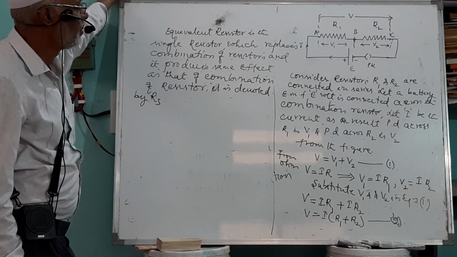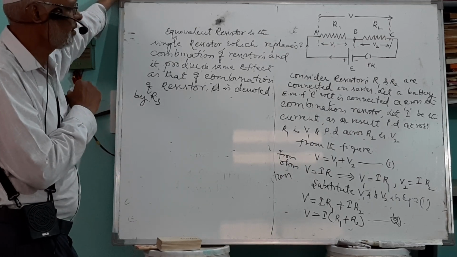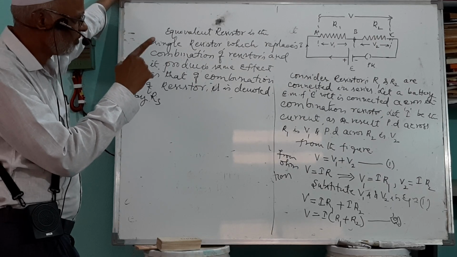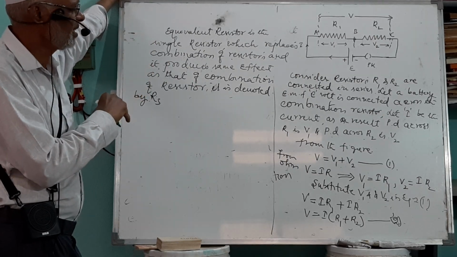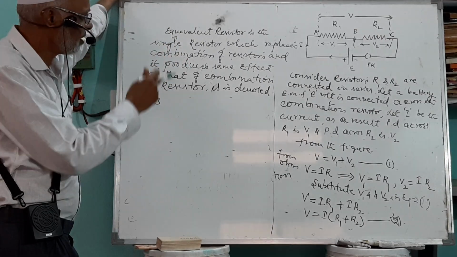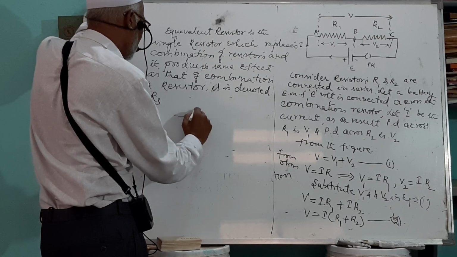So according to the definition, you have to replace R1 and R2 with a single resistance so that you are able to draw the same amount of current from the cell.